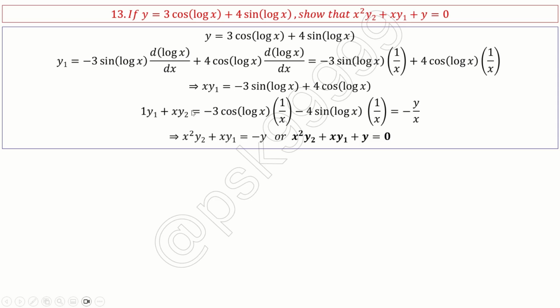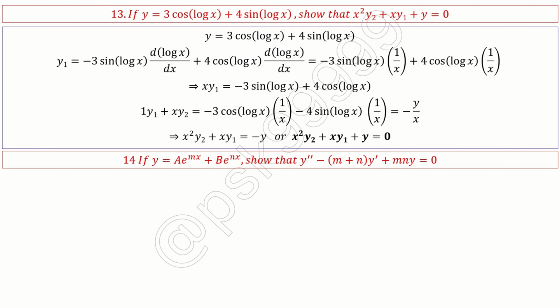Now you take x to the other side, it will become x square y2 plus x y1 plus y equals 0. This is what we are trying to show. We got it, so hence proved.